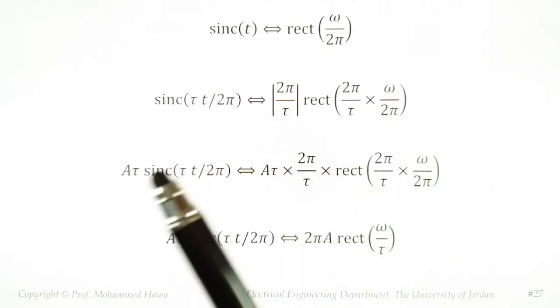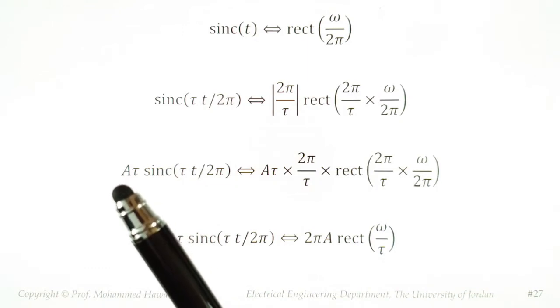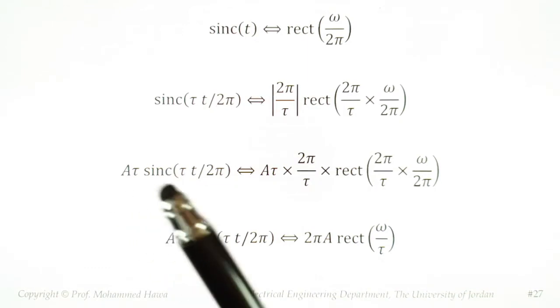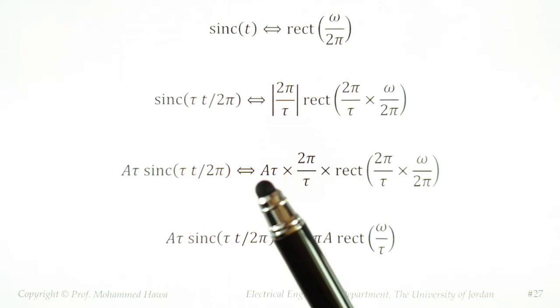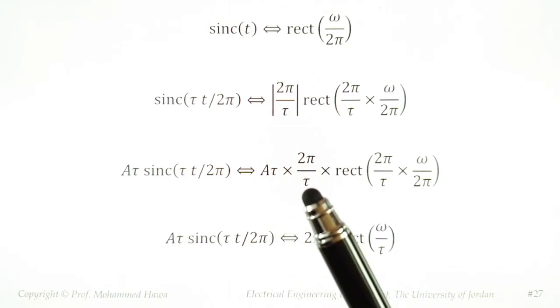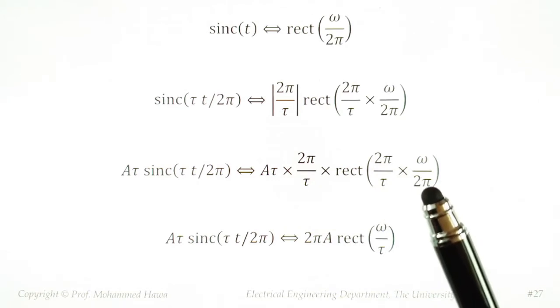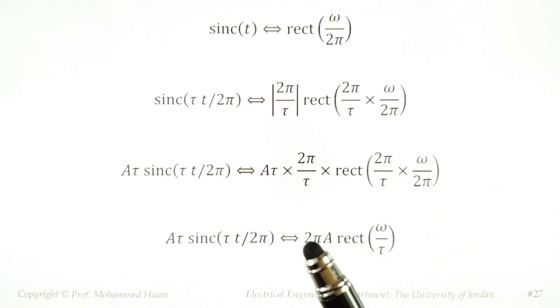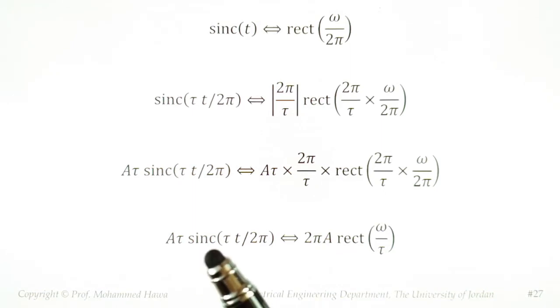And then let's do amplitude scaling, multiply by a tau outside the sinc, so we have to multiply by a tau outside the Fourier transform. This tau cancels out, this 2 pi cancels out, you're left with 2 pi a rect of omega over tau. That's your Fourier transform of a tau sinc tau t over 2 pi.